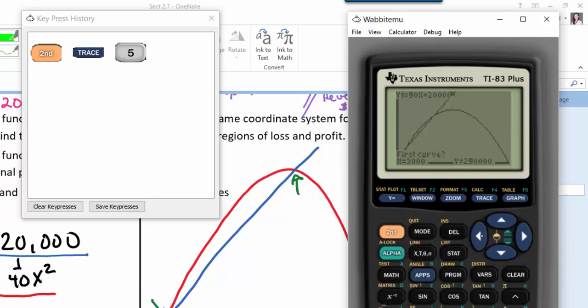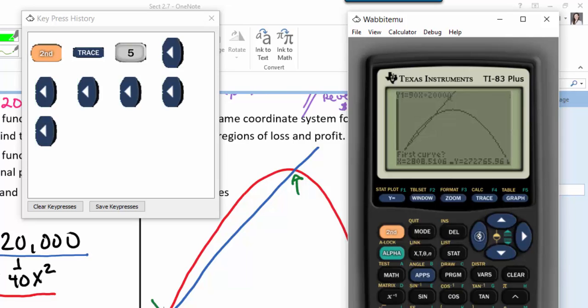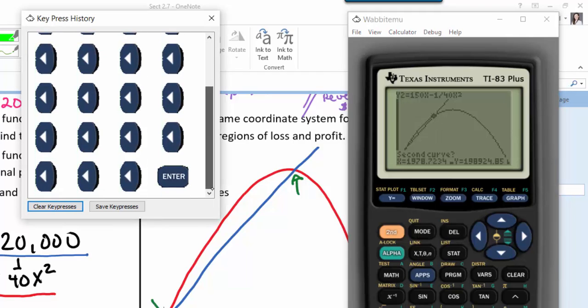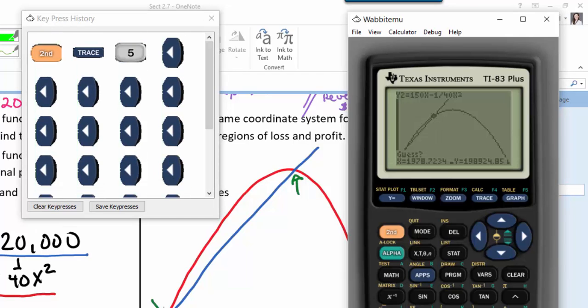It's asking, okay, where are you on the first curve? So I'm going to move this down because I'm pretty high up. I think that if this is the upper intersection, it's about here. Then for my second curve, I just hit enter again because I'm guessing it's going to be about there. And enter one more time for my guess.